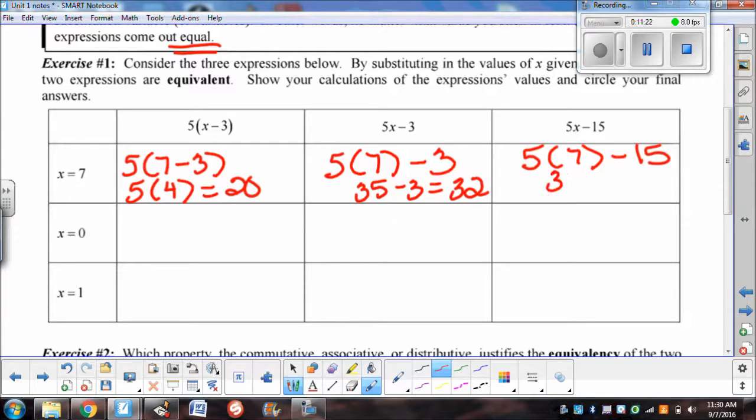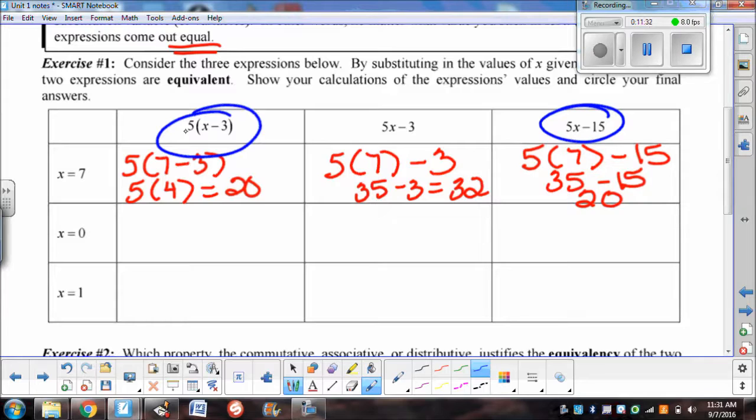So that's 35 minus 15, and that's 20. So winner, winner, chicken dinner, we have got this is equivalent to that. Okay, the distributive property was just done to that expression to get this. I would like you to substitute in 0 and see what happens, and then also substitute 1 in and see what happens.